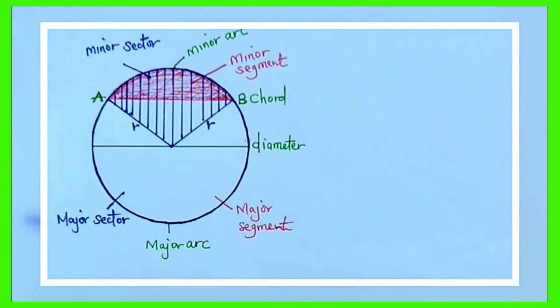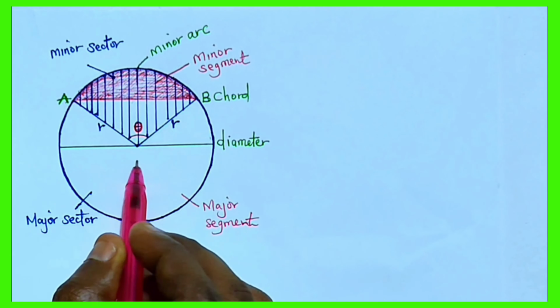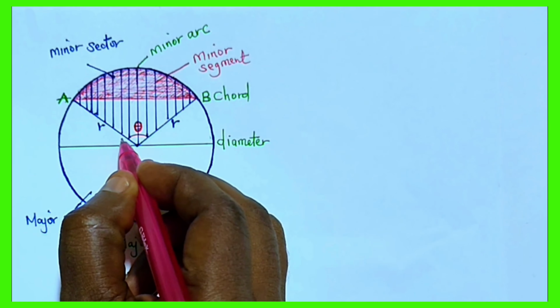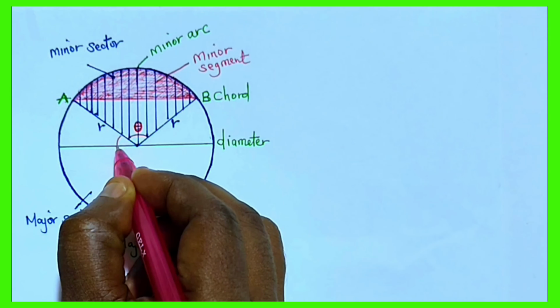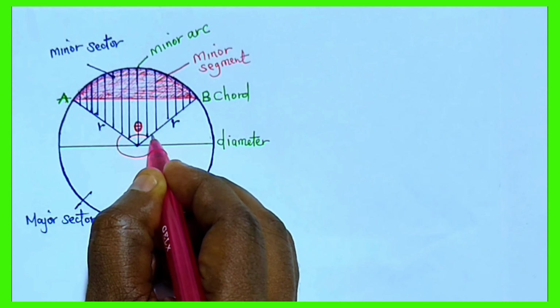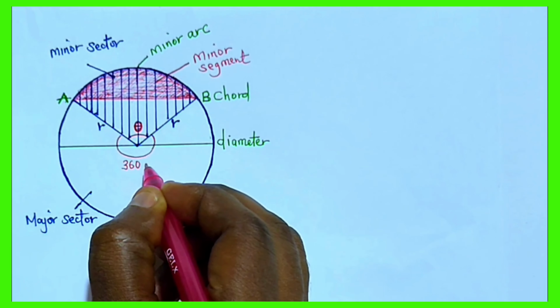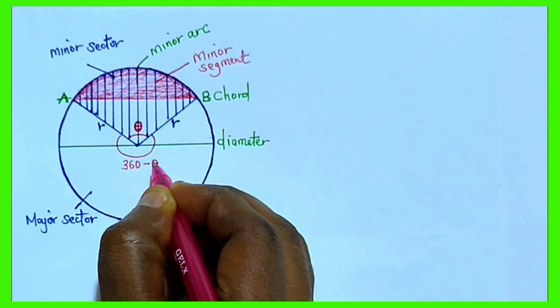And then the angle subtending the minor sector at the center of the circle, we can represent with theta, and therefore the remaining angle, taking cognizance of the fact that angles in a circle add up to 360 degrees, which will represent the angle subtending the major arc, will be 360 degrees minus theta.